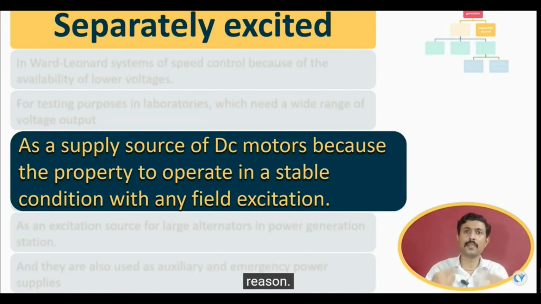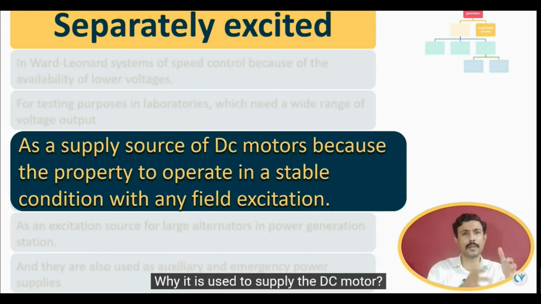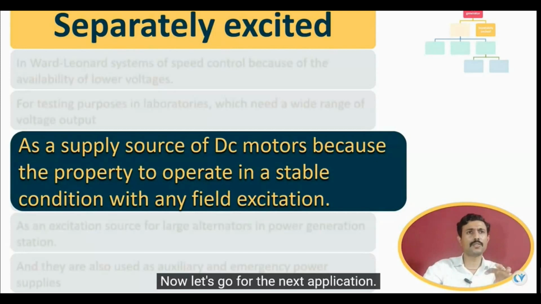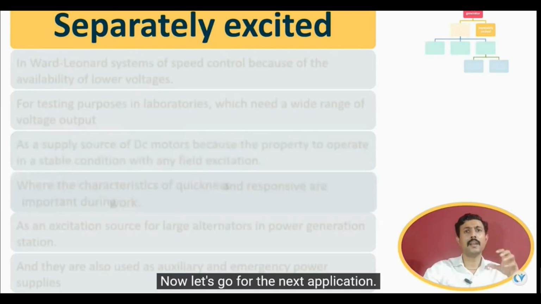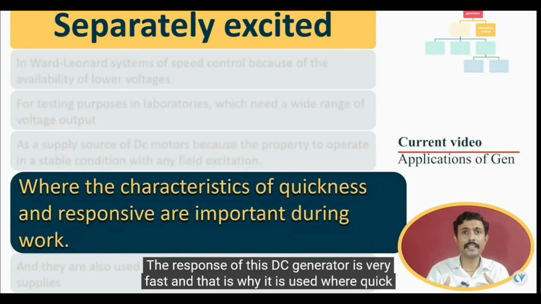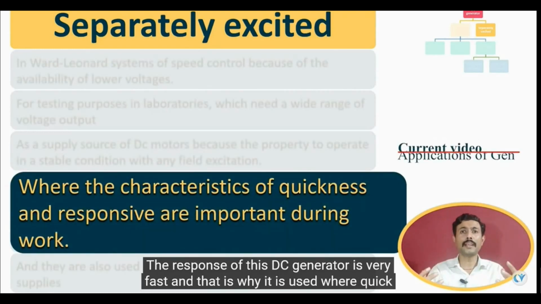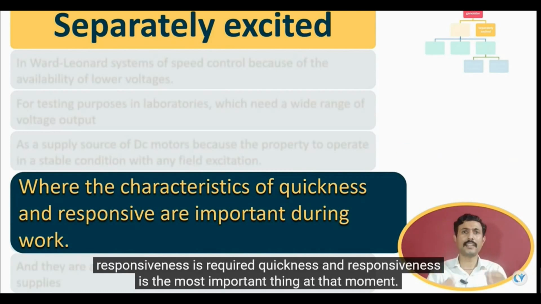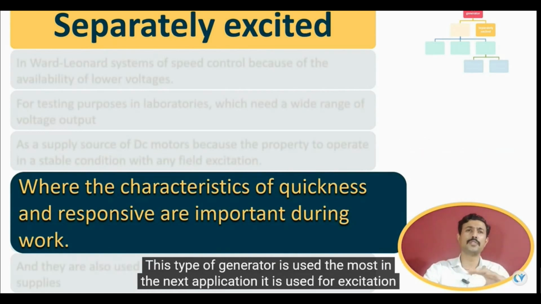And this is the reason why it is used to supply the DC motor. Now let's go for the next application. The response of this DC generator is very fast, and that is why it is used where quick responsiveness is required. Quickness and responsiveness is the most important thing. At that moment, this type of generator is used the most.